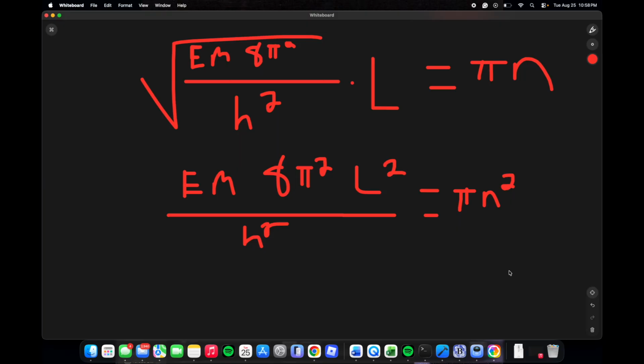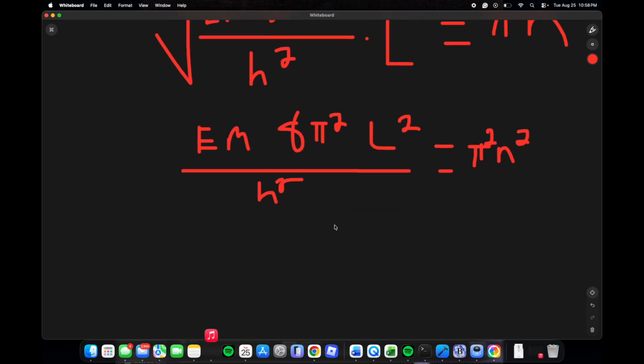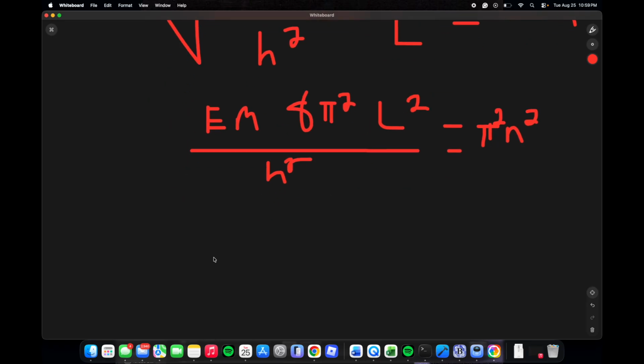This should also be a squared term here, pi squared n squared. That makes sense. So if we solve for E, we're going to see the pi's cancel out. We're going to get, geez, that is really messy. Let me fix that for you guys.